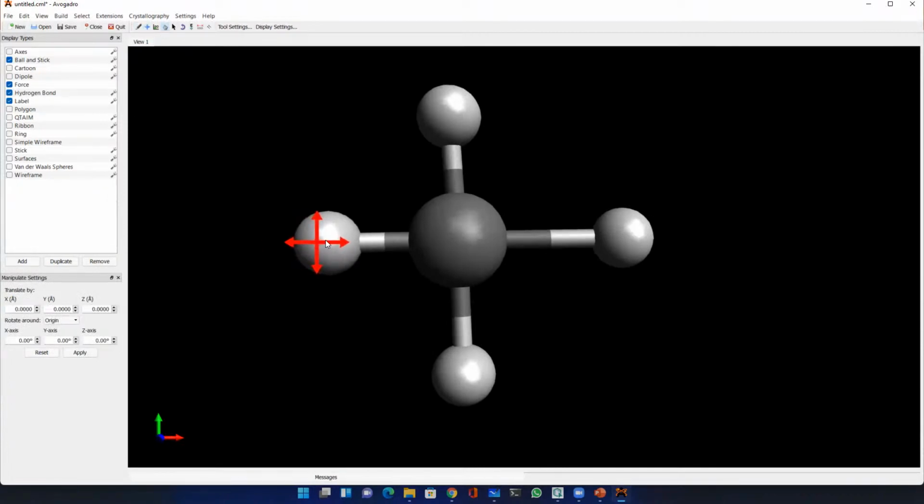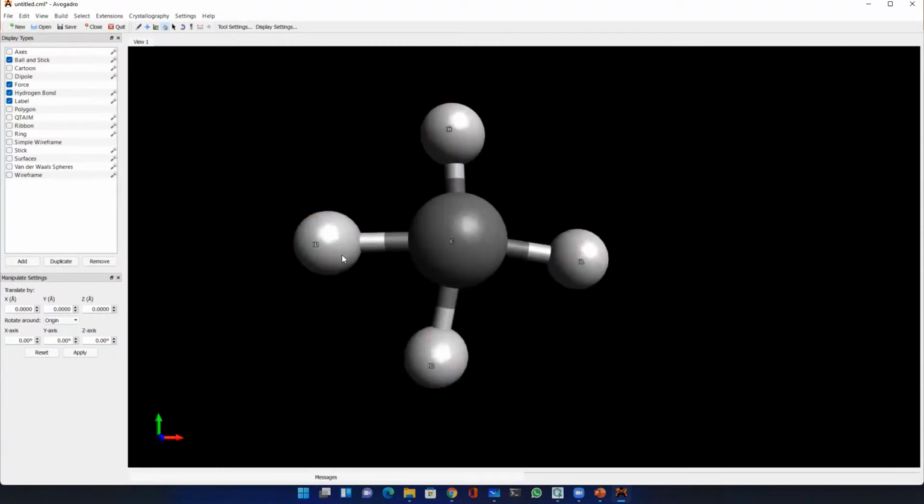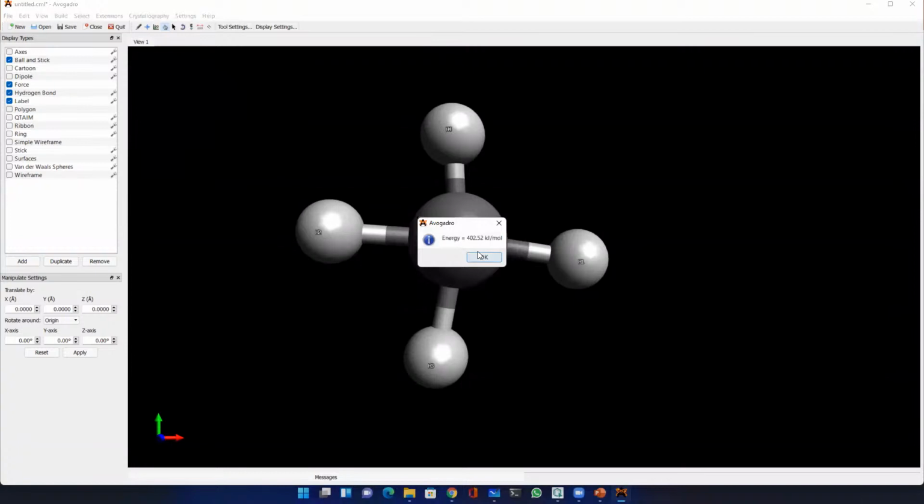Let's bring this a little closer. Maybe draw this a little bit away, just for the sake of finding what happens. And let's recalculate the energy. Now it is 402. We have reduced it slightly, but we have to go as minimum as we can.